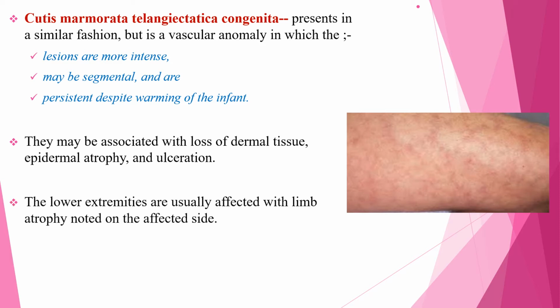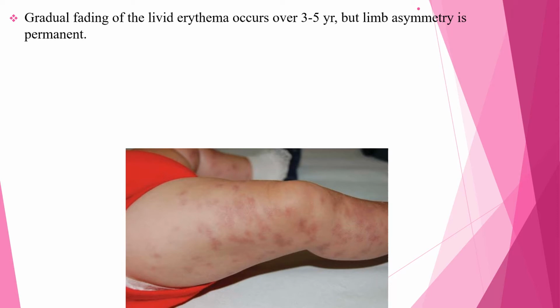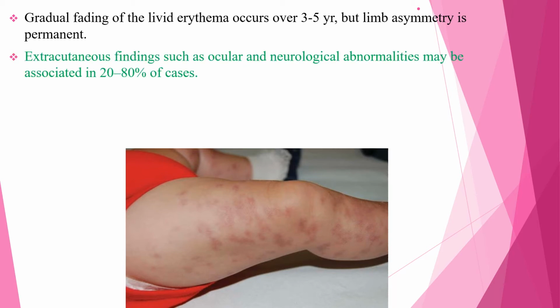The lower extremity is usually affected, with limb atrophy noted on the affected side. Gradual fading of the erythema occurs over 3 to 5 years, but limb asymmetry is permanent. Extracutaneous findings such as ocular and neurologic abnormalities may be associated in 20 to 80% of cases. And also in this case, there is no specific treatment needed.